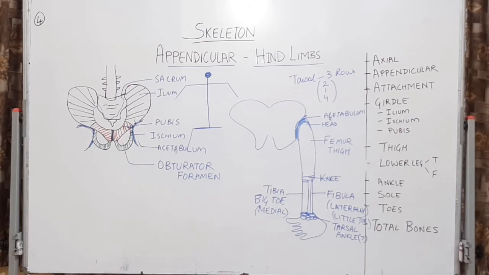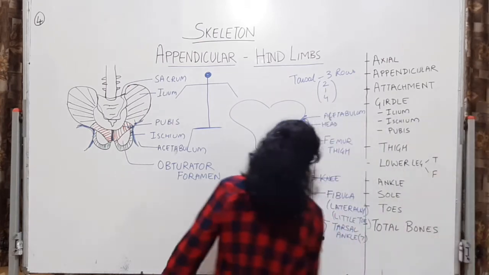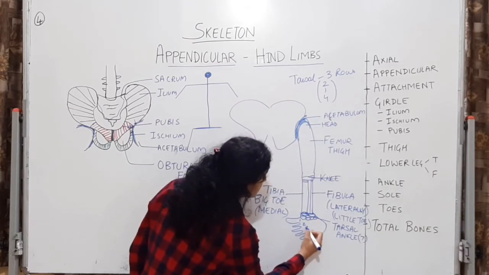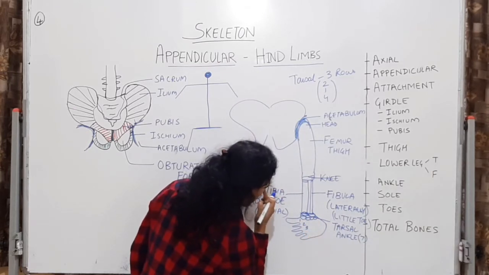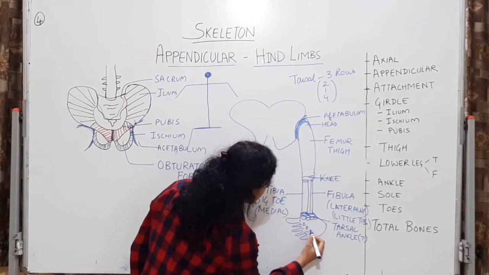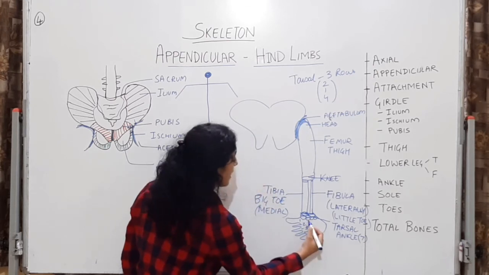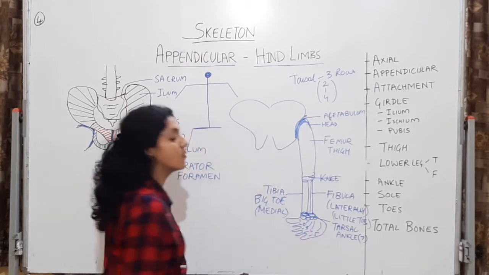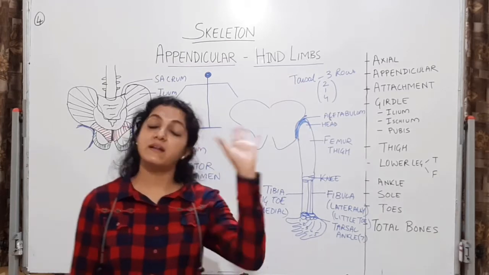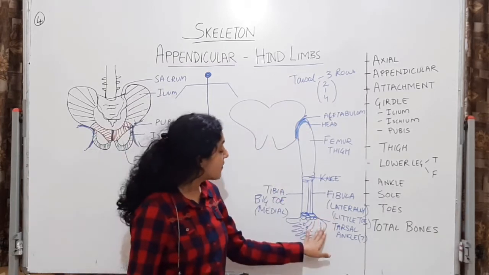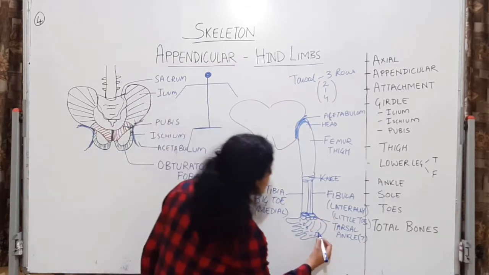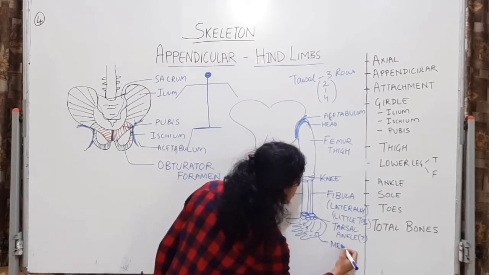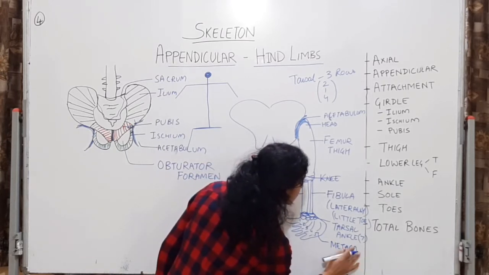Okay, this region which will be the metatarsal. So again 1, 2, 3, 4 and 5. So 5 metatarsals will be over here. जैसे 5 metacarpals थे वैसे ही 5 metatarsals होंगे. These will be the bones of this sole region over here, metatarsals.